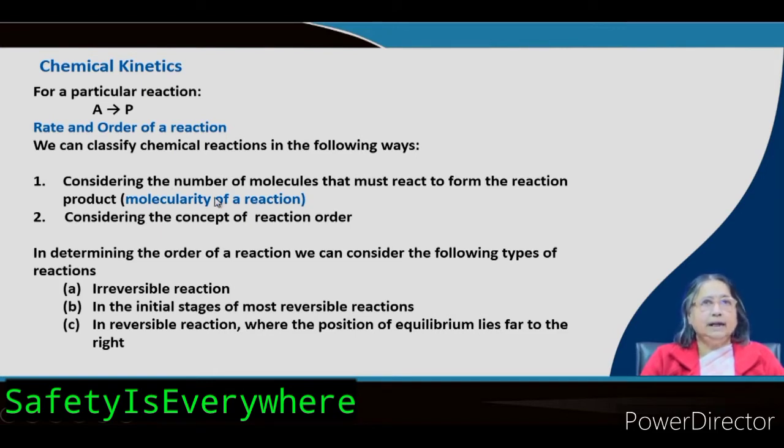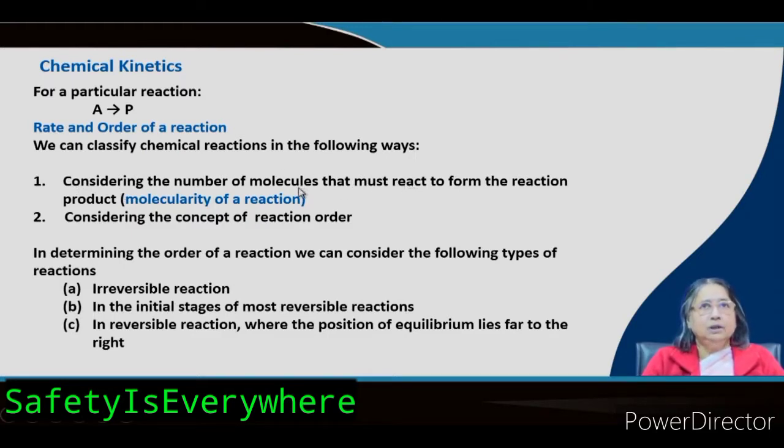And the second one is in terms of the reaction order. We have to remember that molecularity we can tell from the balanced equation, from the number of molecules that are reacting.